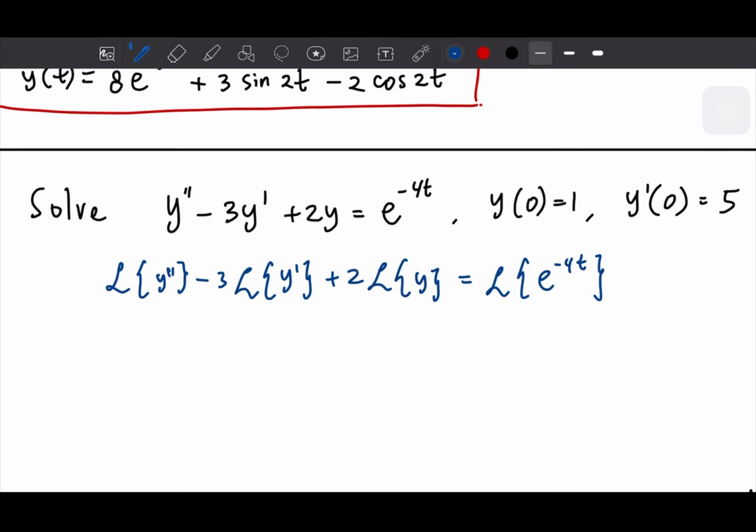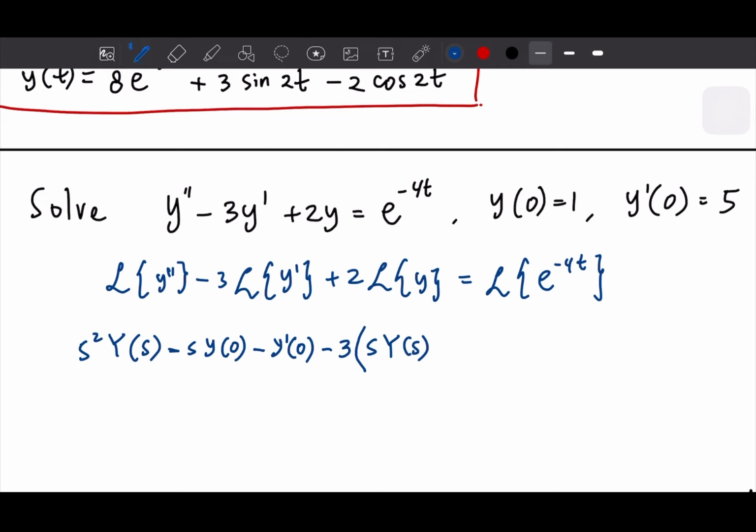Laplace of y double prime, remember, is second order, so we start with s squared capital Y(s), then minus s y(0), and then minus small y prime(0), and then minus 3 times y prime, which is s capital Y(s).